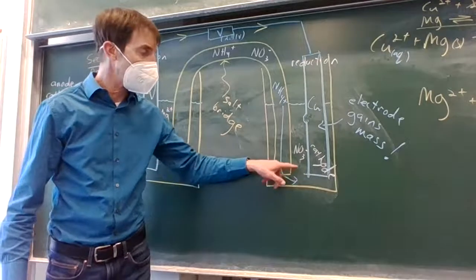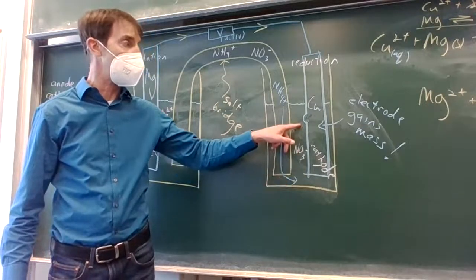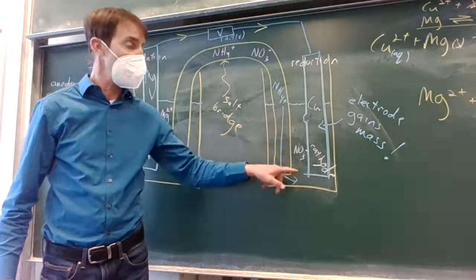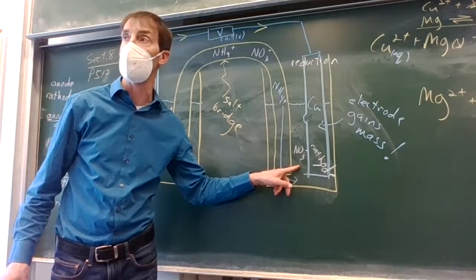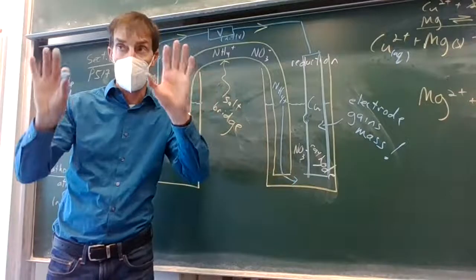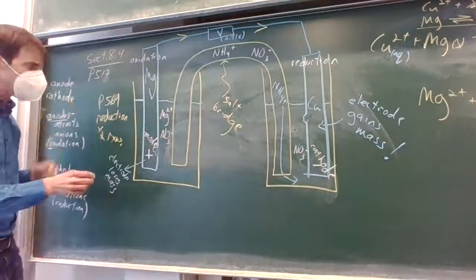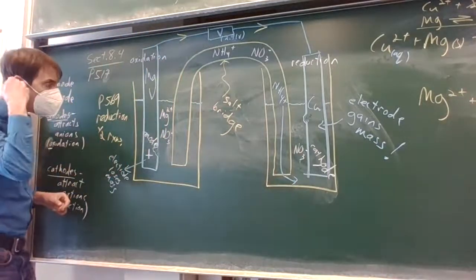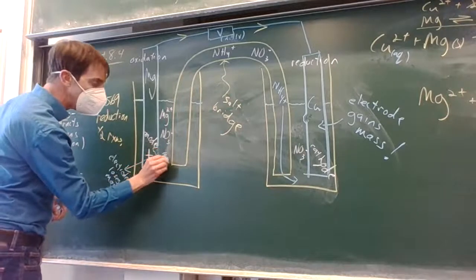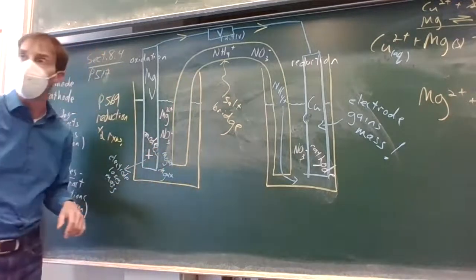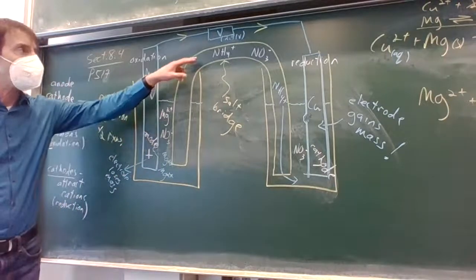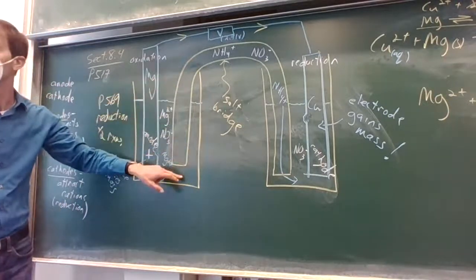So now I'll have fewer Cu2+ ions, but the same amount of positive ions on that side. I have to keep it electrically neutral. And on the other side, hold your questions for a sec, the opposite happens. Here I'm getting more and more Mg2+. I'm just creating them all over. You can't do that unless I also make something come down here to match those.